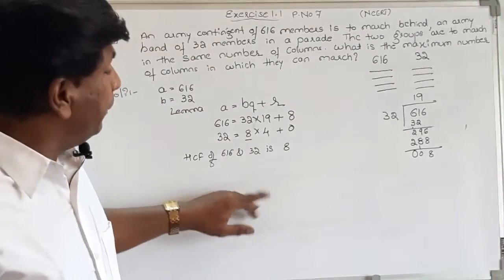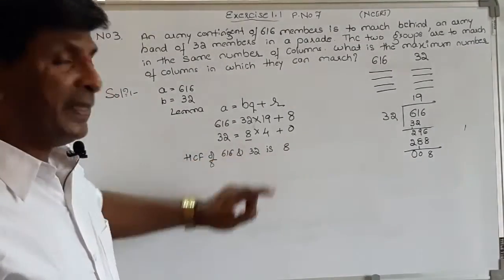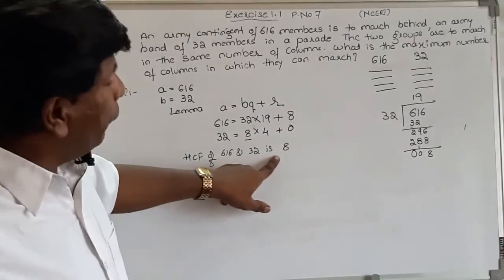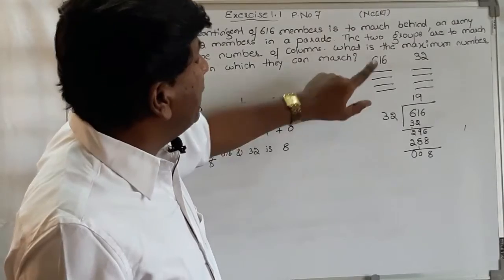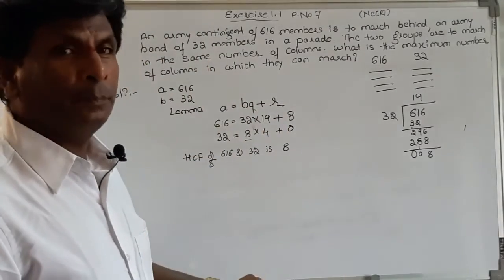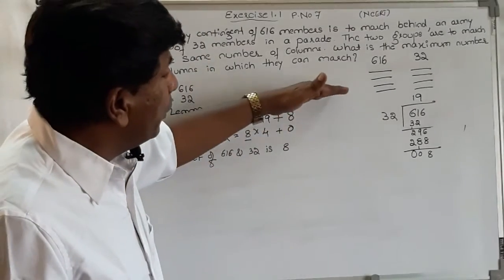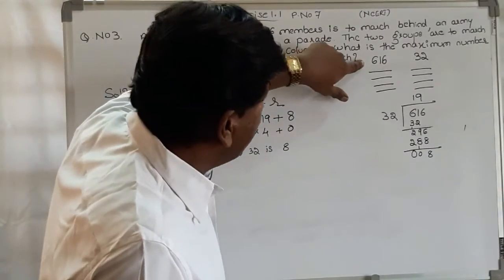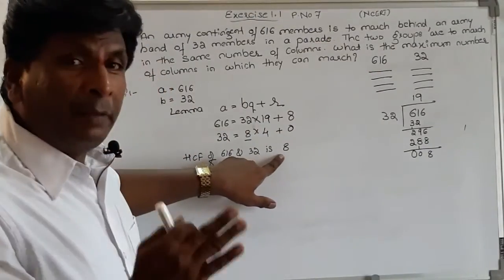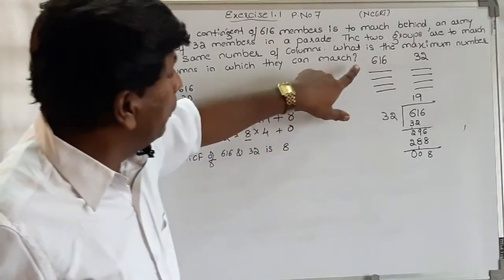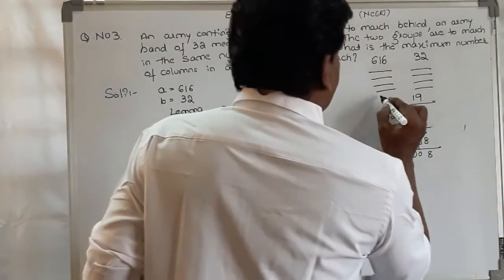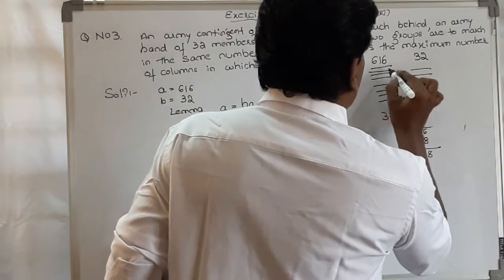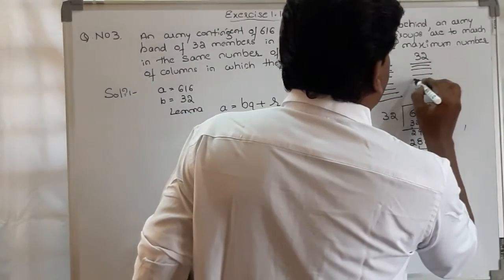Now we have to explain why it is the HCF. See, friends, we are dividing the 616 members into 8 columns, and here also there are 8 columns.